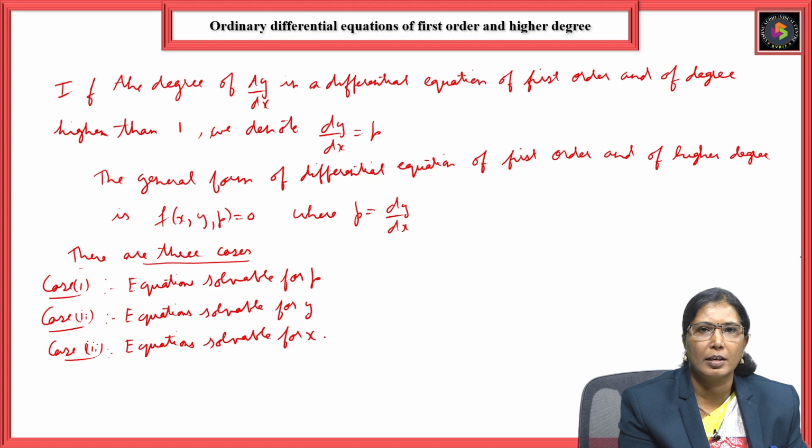Now we have here 3 cases to solve, so we will discuss the cases one by one. First we will discuss equations solved for p and solve problems on them.